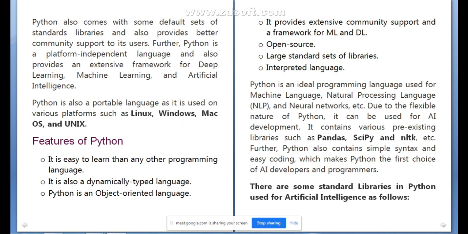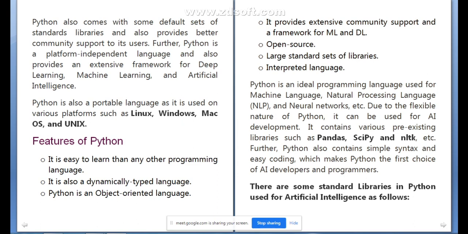you are using natural language processing, and for natural language processing Python is an ideal language. So also neural networks, due to the flexible nature of Python, it can be used for artificial intelligence development.